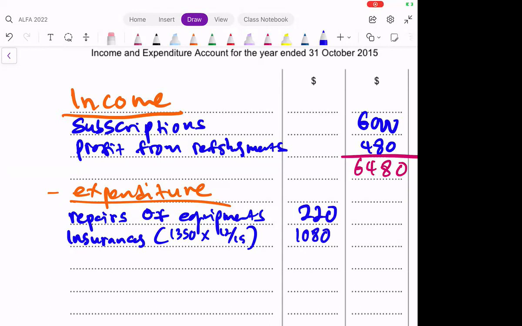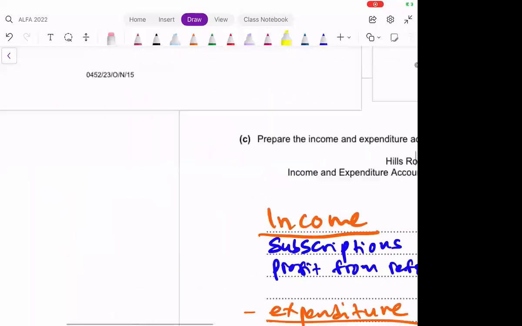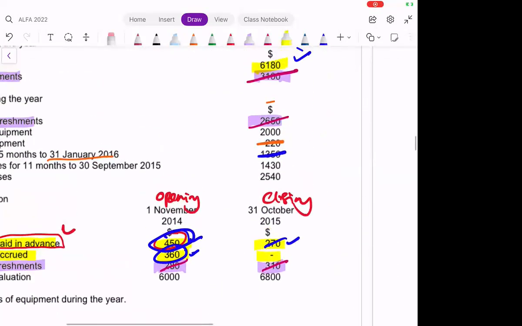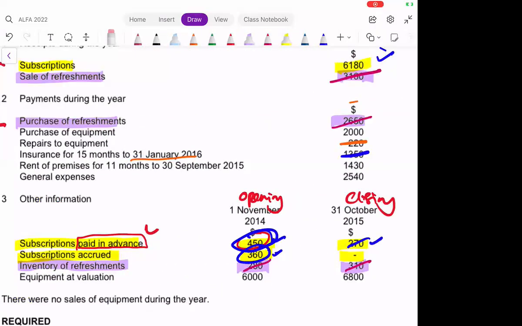Because this 1350 is for how many months? For 15 months, but I want only 12 months. Until January means 3 months is extra.